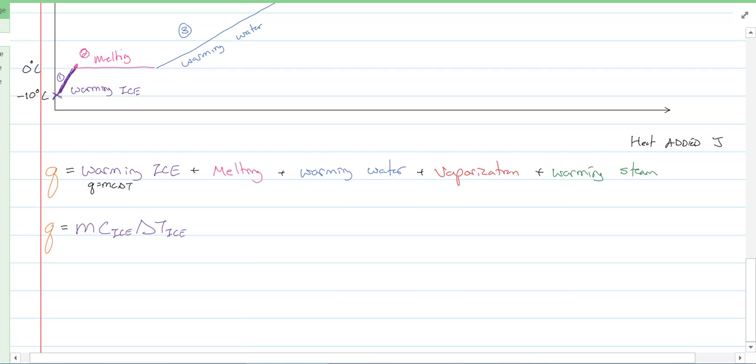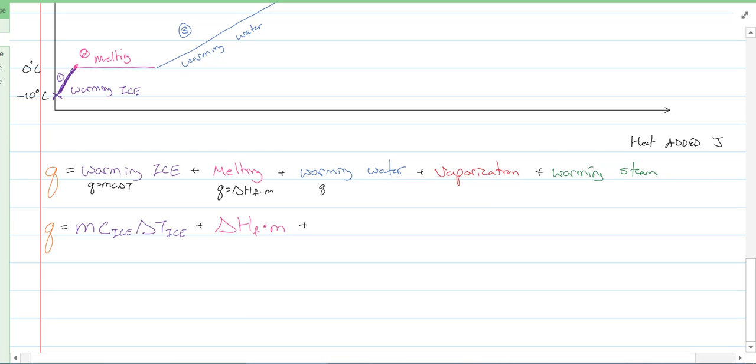Melting is Q equals delta HF times the mass. We use delta HF times the mass because the mass is not changing, whether it's a solid, a liquid, or a gas.